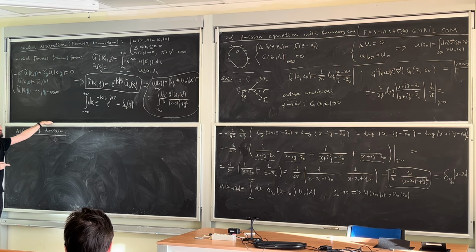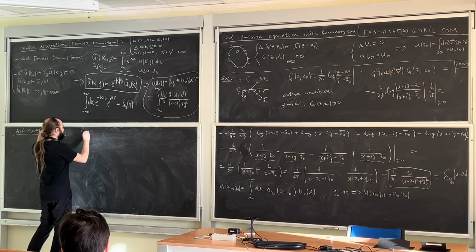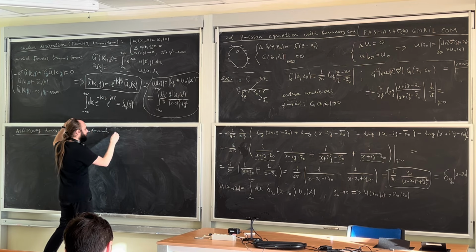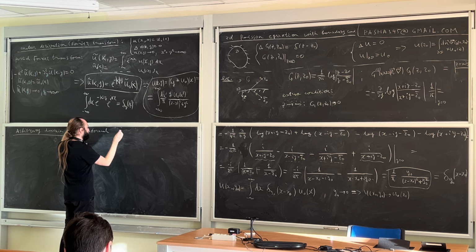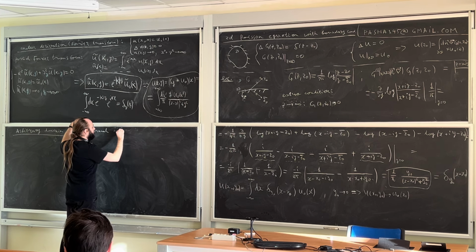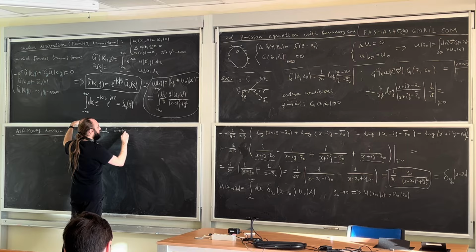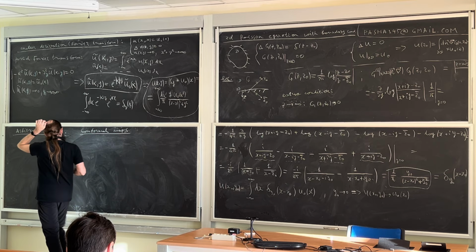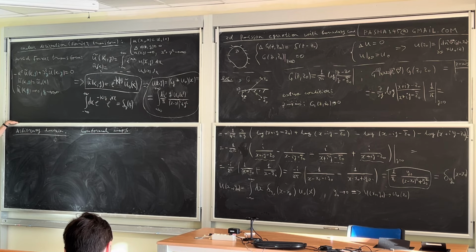So if you want to solve a Laplace or Poisson equation in an arbitrary domain, we need to map this domain to the upper half plane. And such maps are called conformal maps. All this works like this.